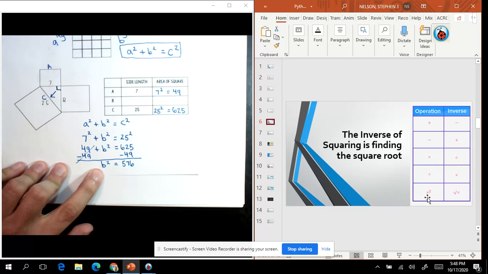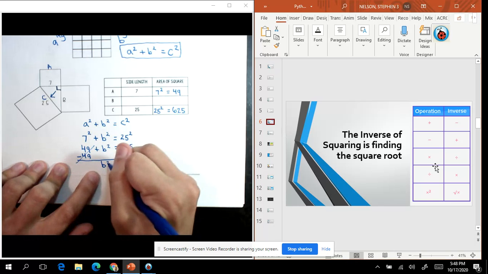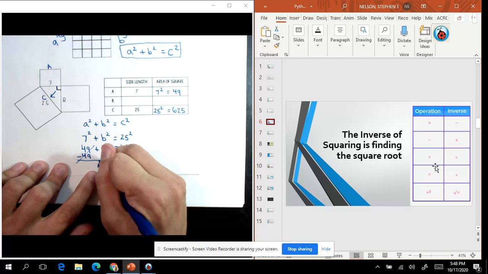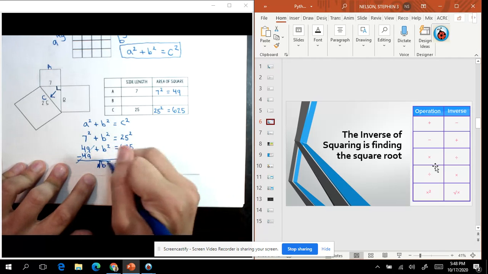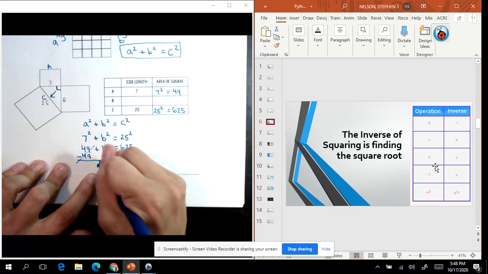So the inverse of squaring a number is finding the square root, which is taking that radical symbol. So we're going to get rid of the square by taking the square root of both sides. So a square and a square root cancel out, and we're just left with b.